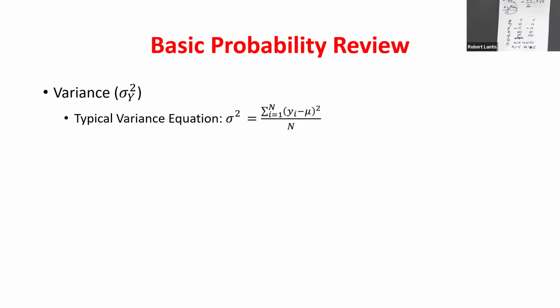If I'm 10 away, I don't add just 10, I add 100. So for data points that are further from that mean, our variance over-penalizes them in the calculation, right? Because by squaring, 1 becomes 1, 2 becomes 4, 10 becomes 100. So our variance is really going to over-penalize these extremely high or extremely low values in our data. Okay.